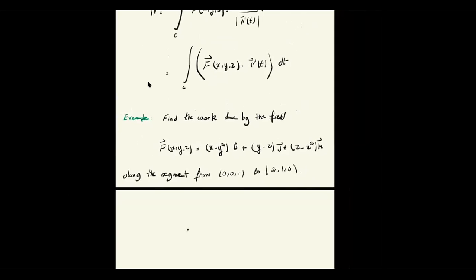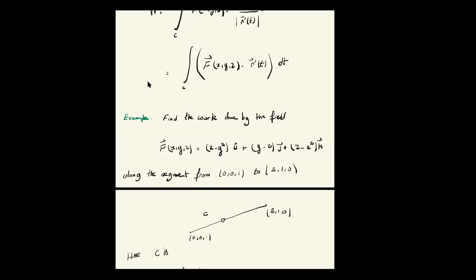So if you have a point and then you have another point, how do you parameterize the curve? It's r(t), okay? Here is the point (0, 0, 1), and here is the point (2, 1, 0).